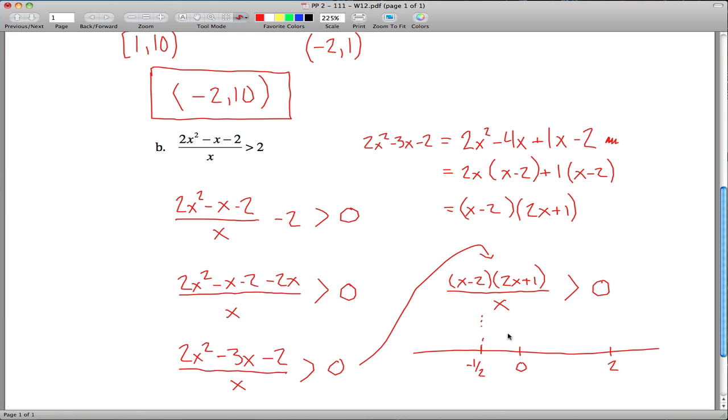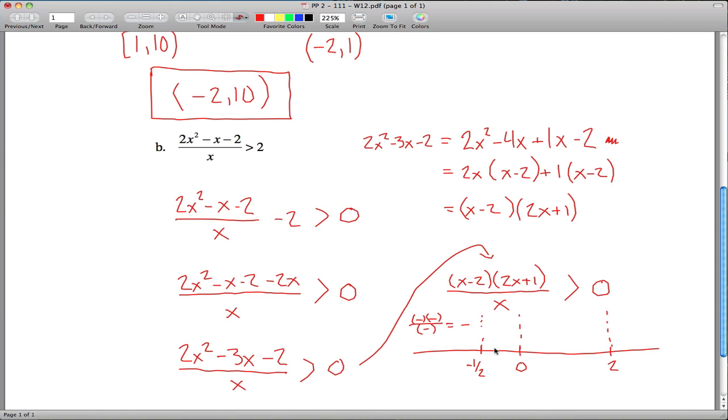And then we can kind of build these little regions and figure out, okay, if we stick in a value of x less than -1/2, so -1, for example, this would be a negative, this would be a negative, and this would be a negative. Negative times, so negative, negative, negative. Maybe like that, which is a positive over a negative, which gives you a negative number.